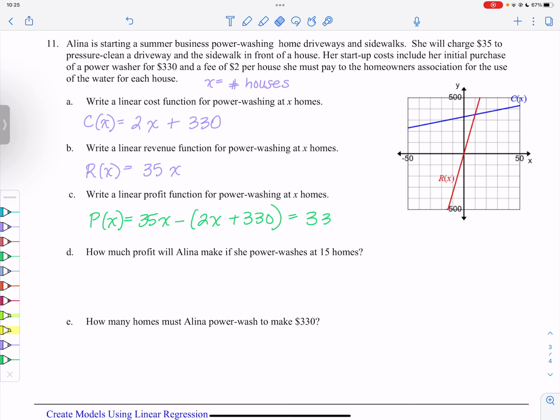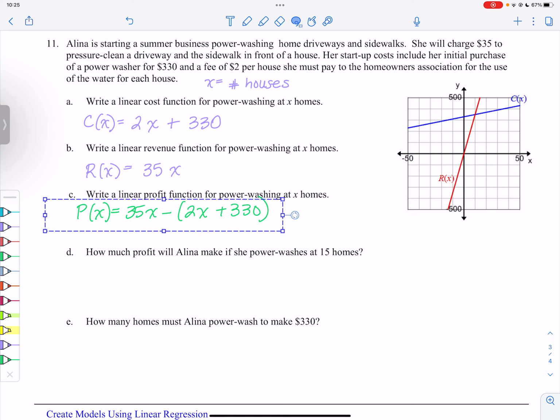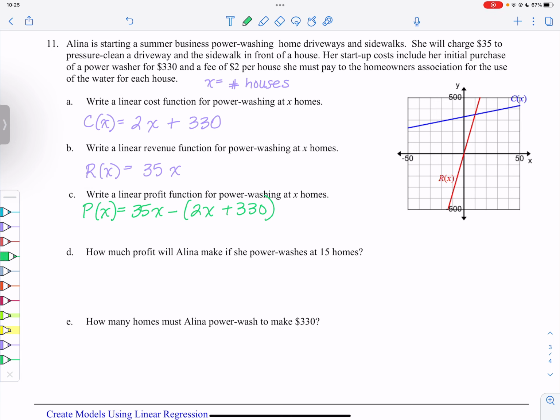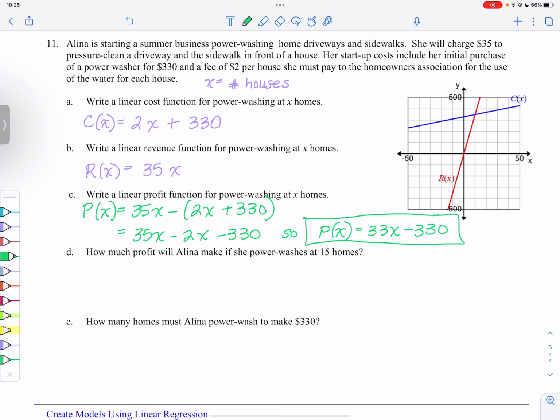I'll go ahead and distribute that for you, which is equal to 35x minus 2x minus 330. So the profit function is going to be 33x minus 330.